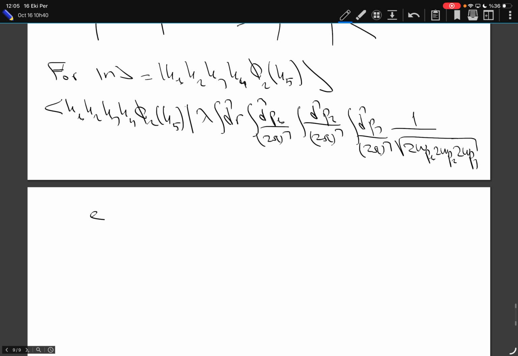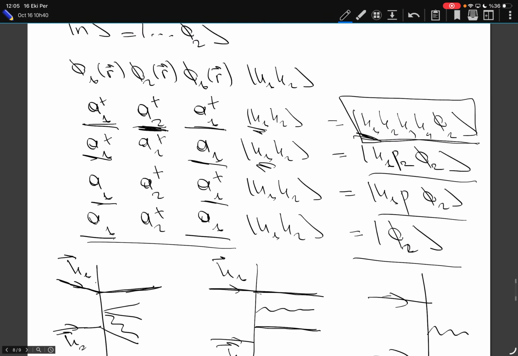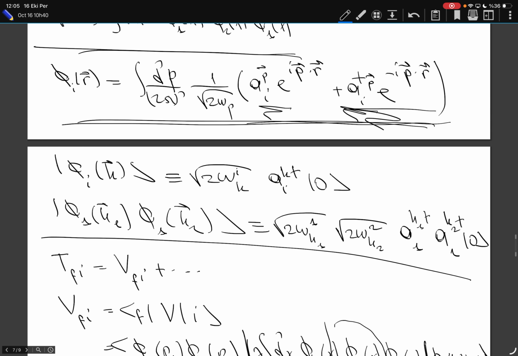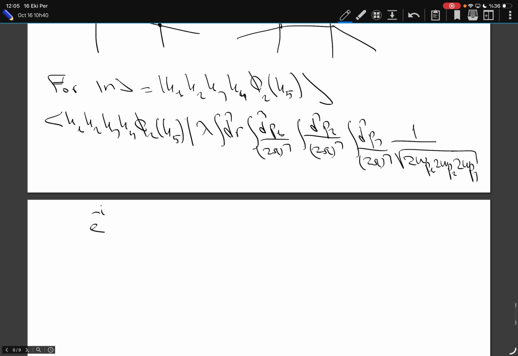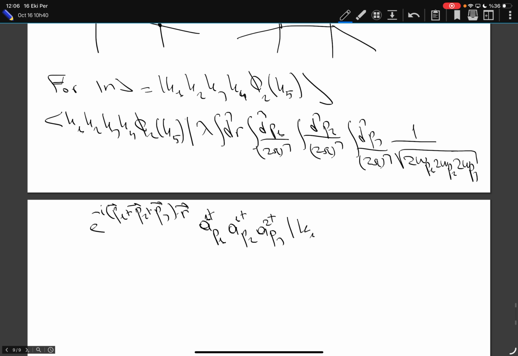Then I have e to the power minus i, P1 plus P2 plus P3 dot R. Then I have a1 dagger P1, a1 dagger P2, a2 dagger P3, and I have K1, K2. Okay, I have this expression.